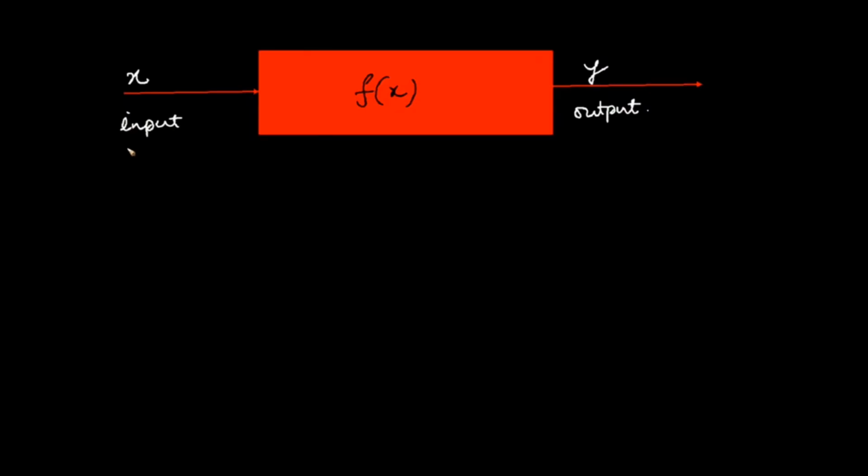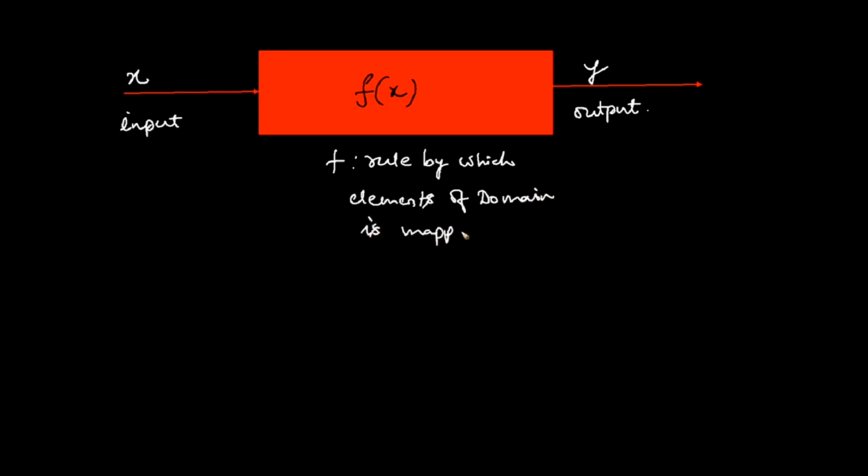This idea of a function, where f is a rule by which elements of the domain are mapped to the codomain. Input is taken from the set domain, and the output belongs to any one element of the codomain.